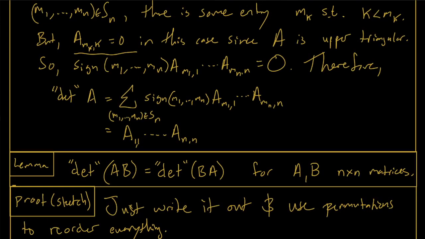When you write out this big long product with these permutations, what you'll see is that every term in this sum, you can take each one of these guys and turn them into sums. But then when you use these permutations, you can always find some permutation to turn it into a different permutation of an entry in BA, right? And then you can do this in such a way to turn the determinant of one into the determinant of the other.